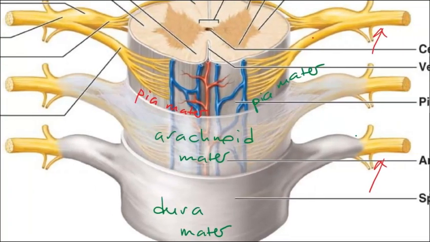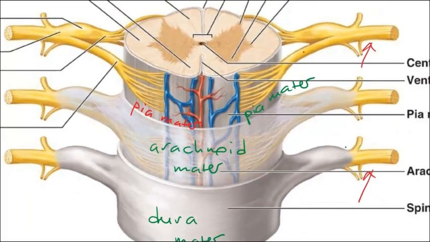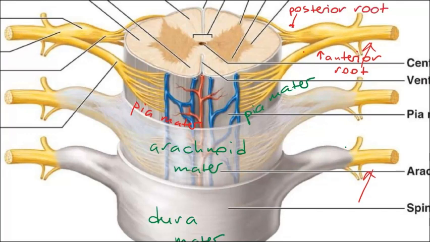Now, what you're looking at is the ventral or anterior view. So what you're looking at is front. So this is the anterior or ventral root. This is the posterior or dorsal root.